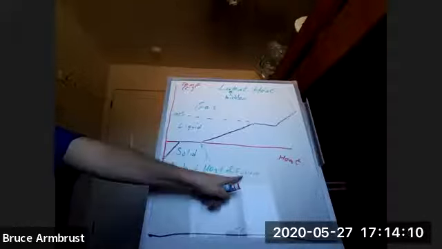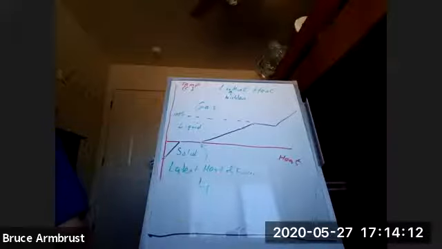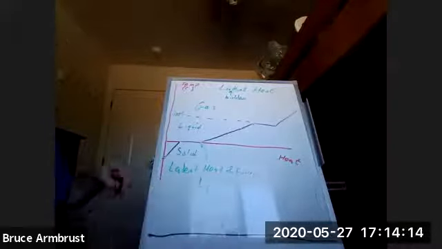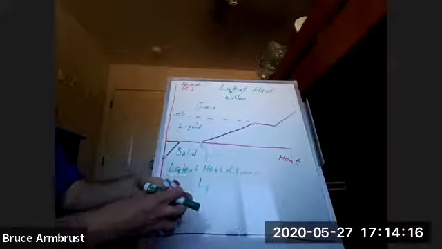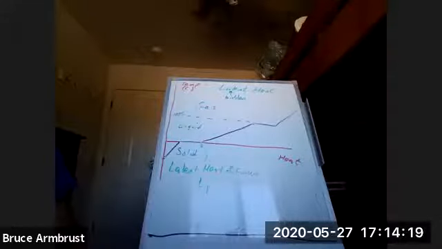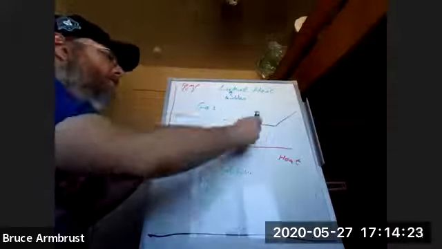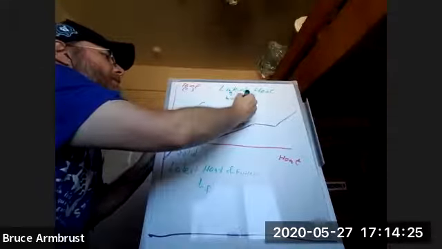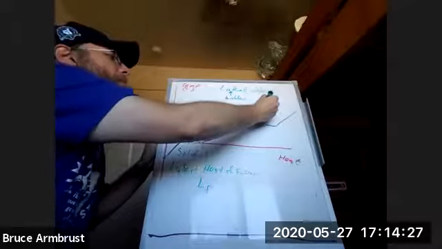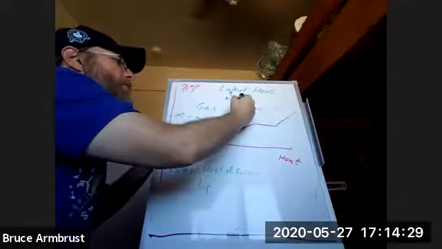Okay, so fusion, just remember what fusion means. Fusion means to come together. So we're taking this liquid and we're fusing it, we're making it solid. So that's the latent heat of fusion. Now this one up here, this is the latent heat of vaporization.